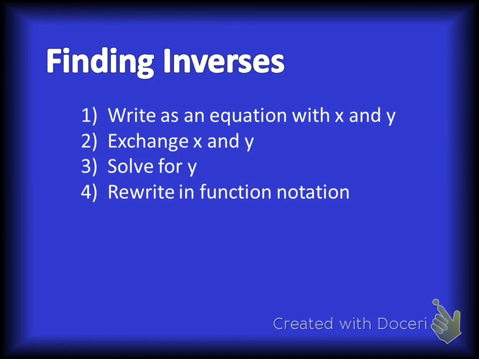It's a 4-step process. It's a pretty simple process, to be quite honest. It's not terribly tough. Silly mistakes can happen, and that's where the bad part comes up. But your steps are first. Number one, write as an equation with x and y, because these will be given to you in function notation. Make sure you make it x and y.